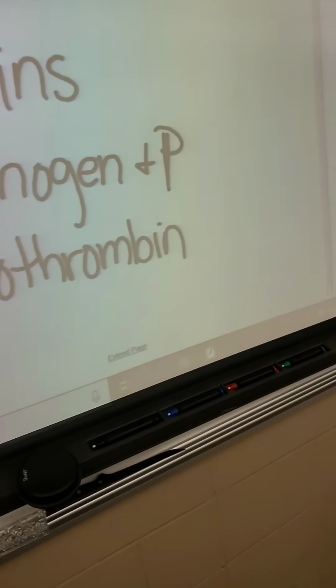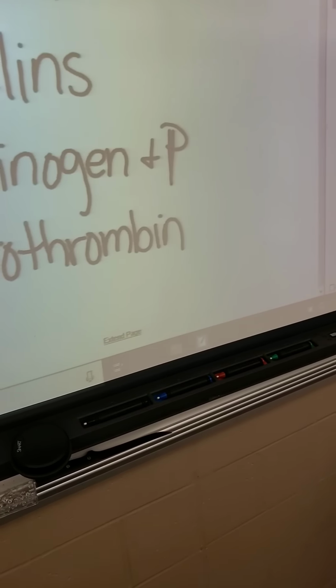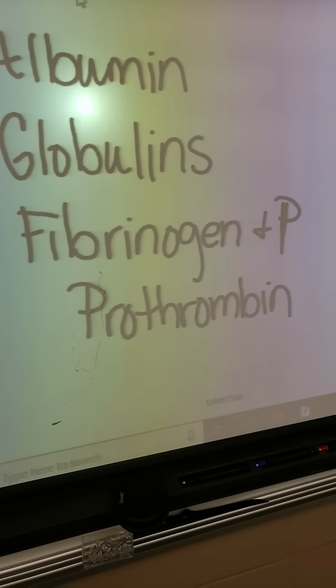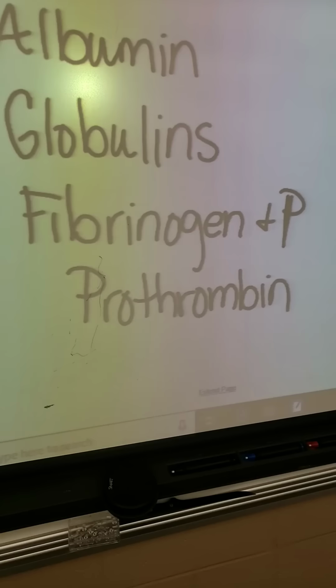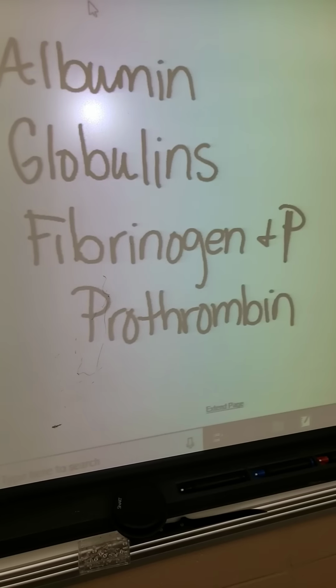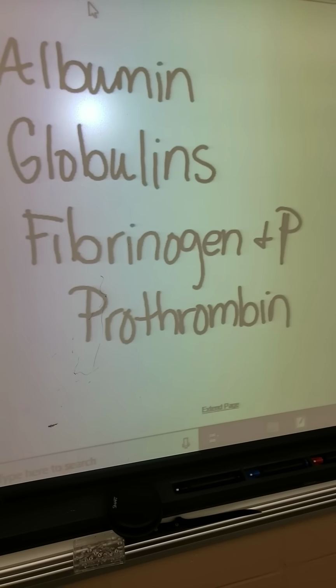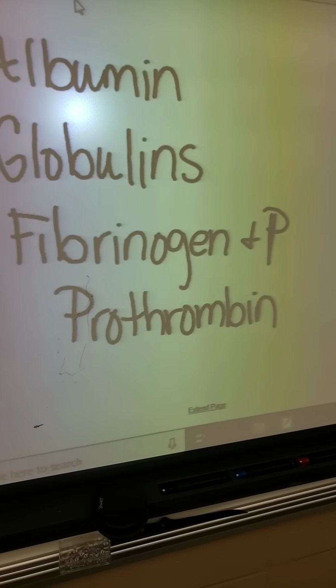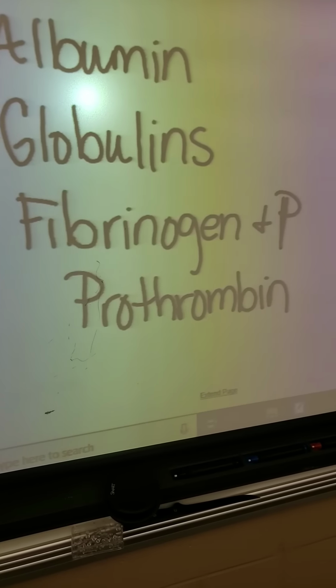Albumin is the protein that helps maintain proper consistency of blood. The globulins help to destroy foreign substances. And fibrinogen and prothrombin are the proteins that play an important role in blood clotting.